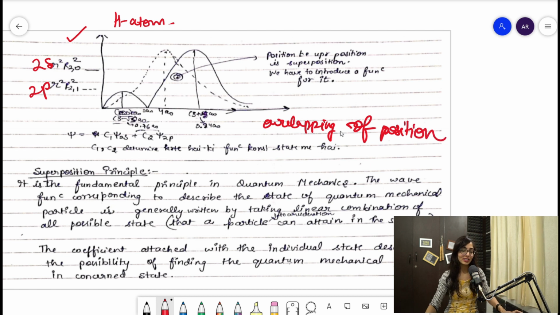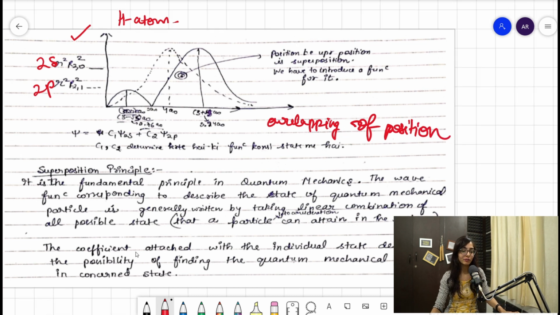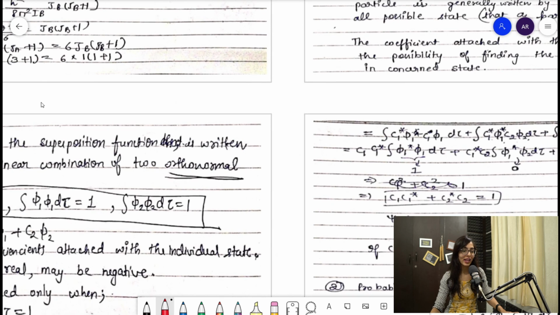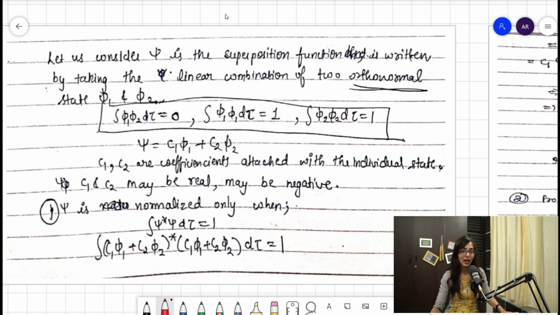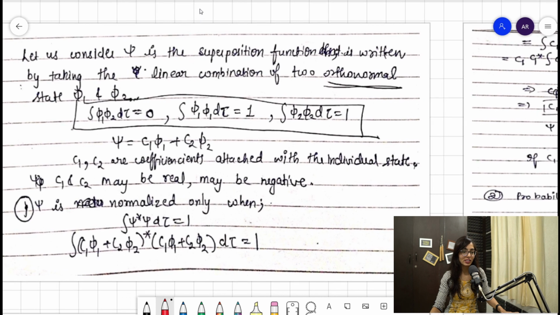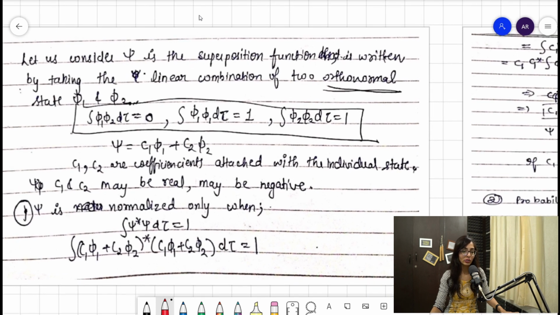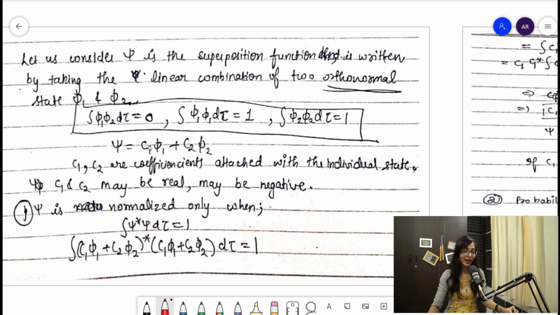So let's dive into another slide without delaying. There is one condition also, guys, which I want to tell you, and that condition is important, so let me tell you that. If you want to write this wave function, suppose now I have forgotten about this 2s and 2p, now I take random states, phi1 and phi2.